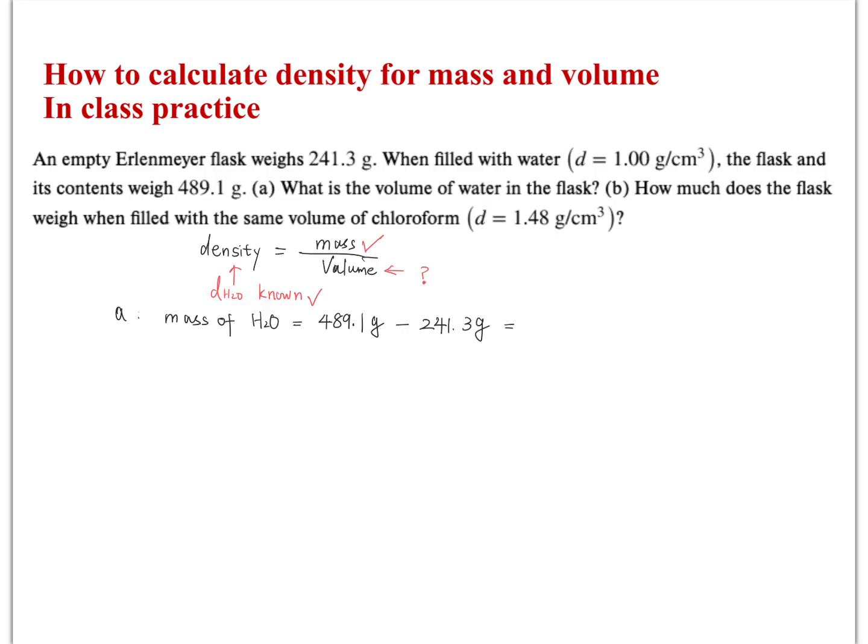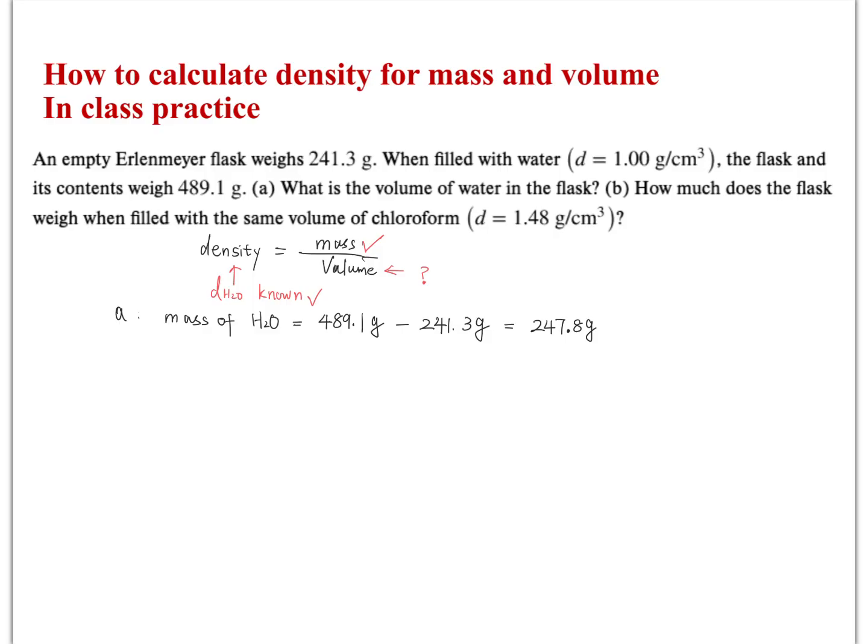So that difference will be what is inside, which is the mass of the water. That is a very common method you will use to measure the mass of a liquid inside the lab. You will have the empty container with its mass, then put your liquid or solid in there and weigh the total mass. Then the difference will be the mass of the content. So that's the mass of the water.